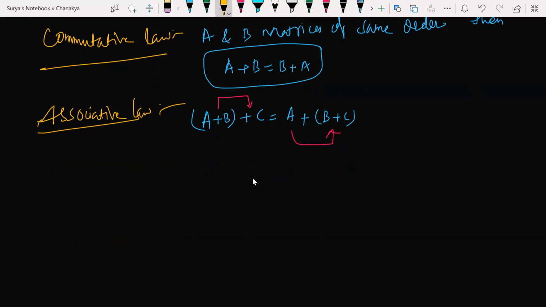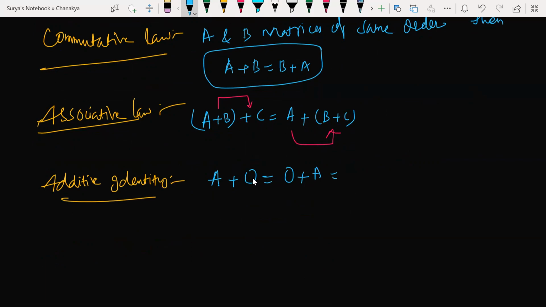Suppose additive identity matrix. Additive identity property. What is it? Look at this, nothing but A plus 0. 0 is what here?